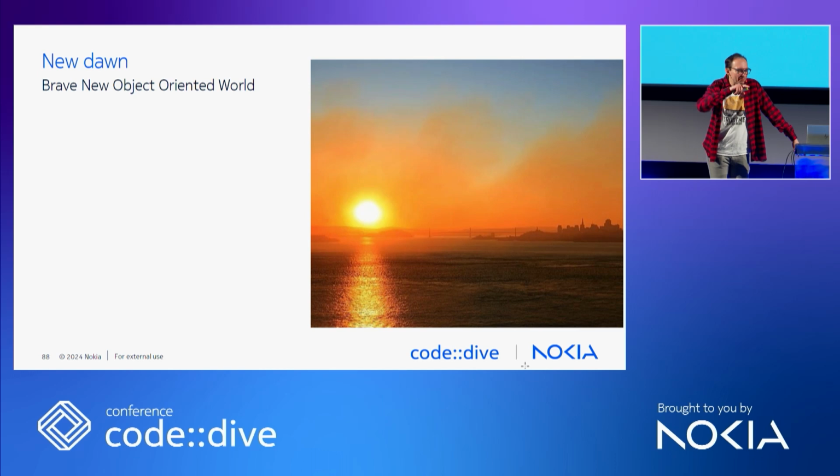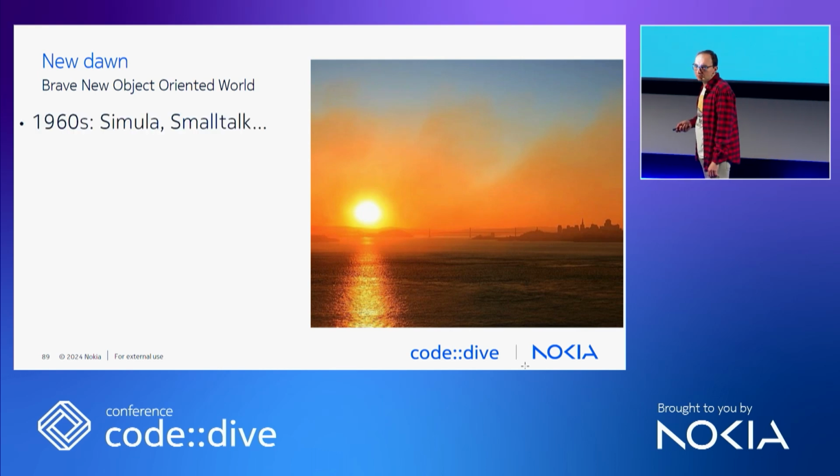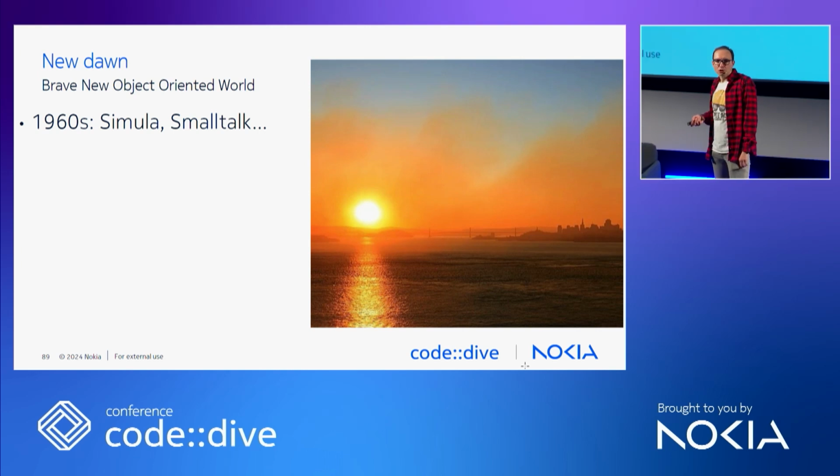The thing I've mentioned, the thing that had to happen before we got our first universal way of thinking and depicting software architecture, was the object-oriented world. This was not a new idea. Languages that supported the object-oriented programming paradigm were already there in the 1960s.